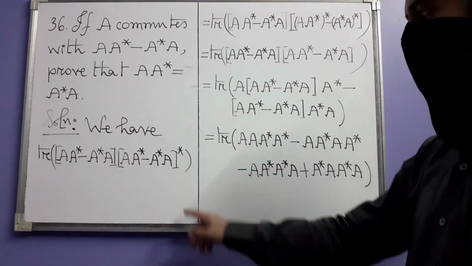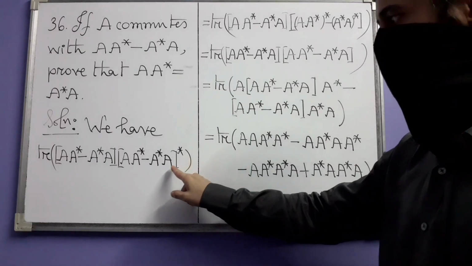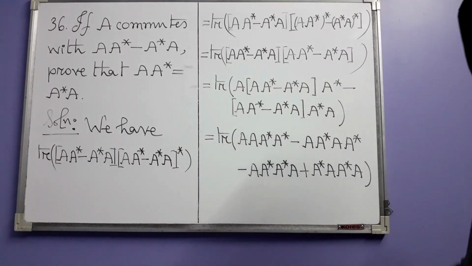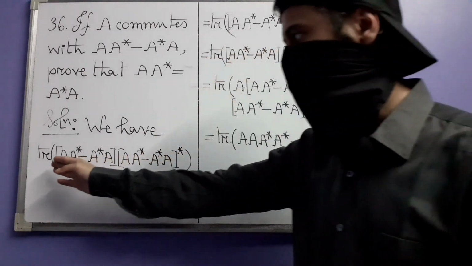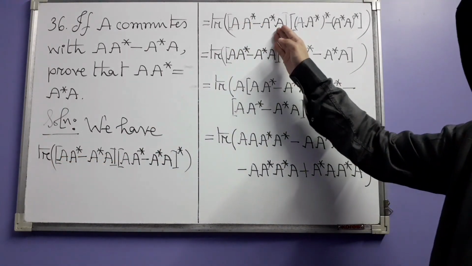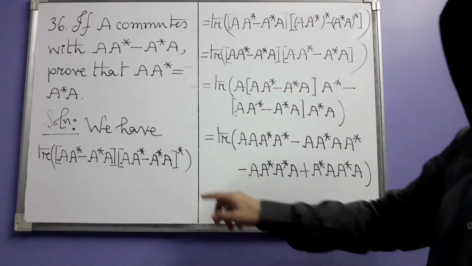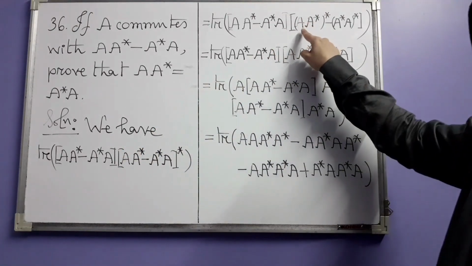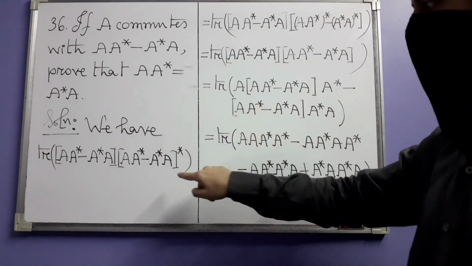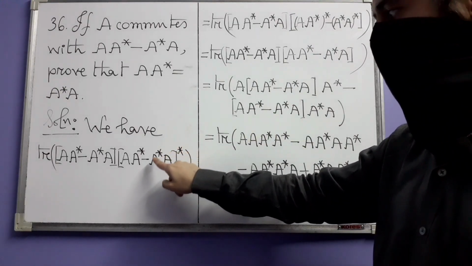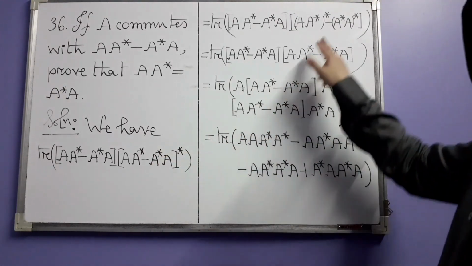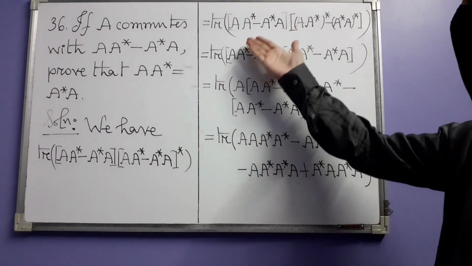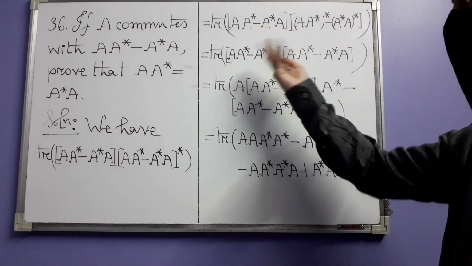So first of all, the first job to do is to take the star inside this difference. So that means this part will stay the same, and here we will have adjoint on A star first, A star adjoint, minus, then we will have adjoint on A star A, minus A star A adjoint. Okay, then in the next line also there is nothing to do here, not yet.